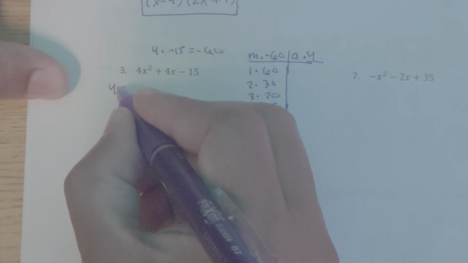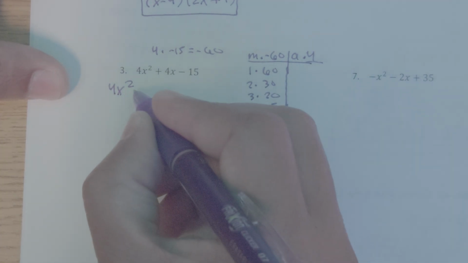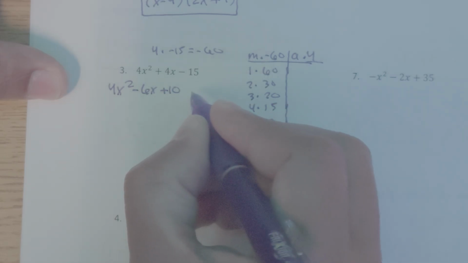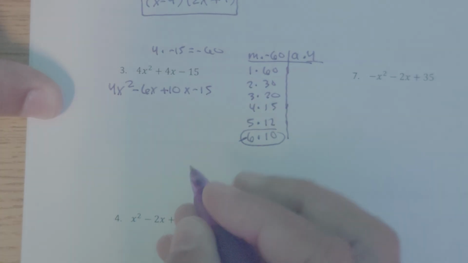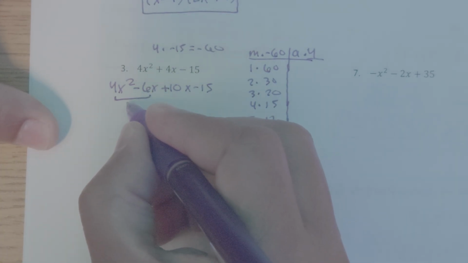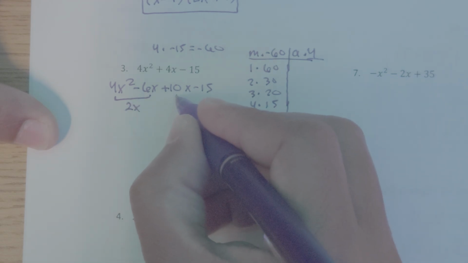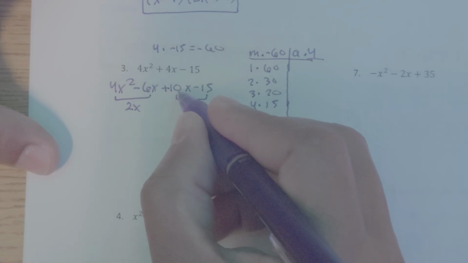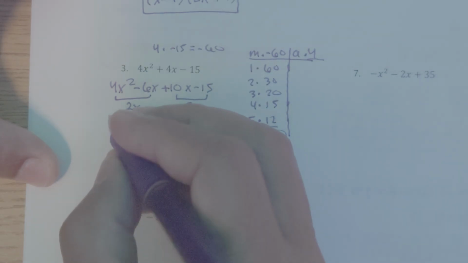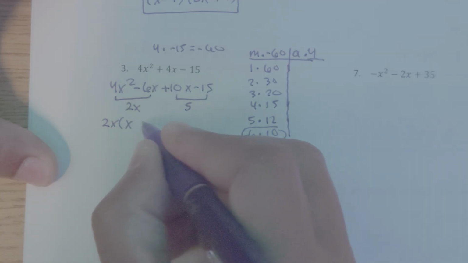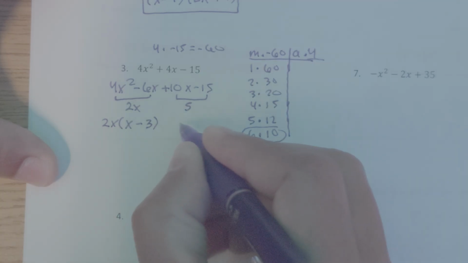So I have 4x squared. I'm going to group either one of them, so I'm going to put negative 6x with the 4x squared, plus 10x minus 15. Let's see if this works. There's a GCF of 2x here, and a GCF of 5 on this one, because 5 goes into 10 twice and 5 goes into 15 3 times. So the GCF of the first group is 2x, then this becomes 2x minus 3.